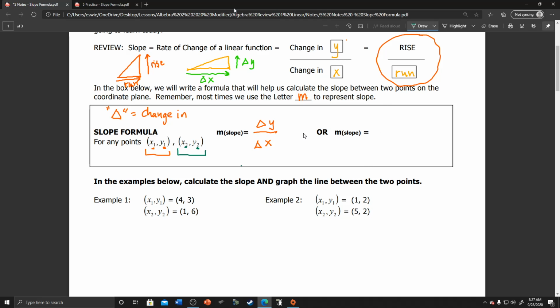And how do we figure out the distance between two numbers? We're going to subtract them. You usually do final minus initial. So if we want the change in y, I'm going to look at the y value of the final point, which is y2, and I'm going to subtract the y value of the first point, which is y1.